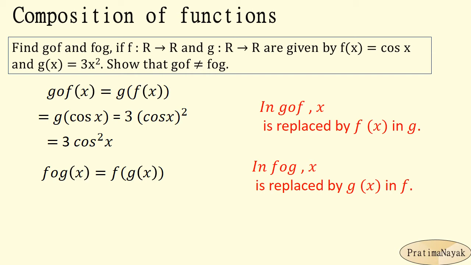So what is g of x? g of x is equal to 3x square. So 3x square will be in place of x in the cos function. So cos of 3x square. So are they equal? No, they are not equal.